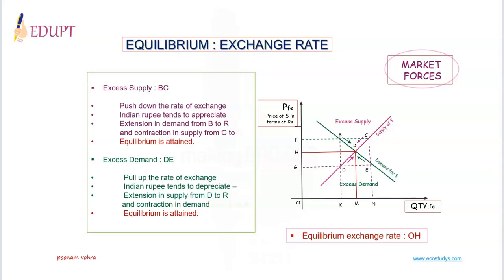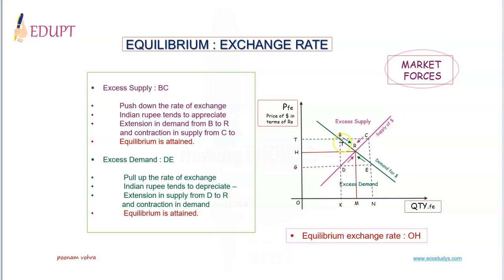y-axis. We have understood that demand for foreign exchange has an inverse relationship with price and hence is downward sloping. Supply of foreign exchange has a positive relationship with its price and hence it is upward sloping.